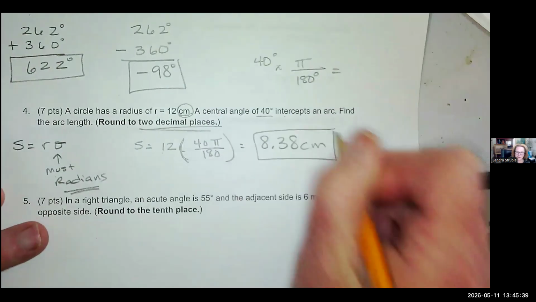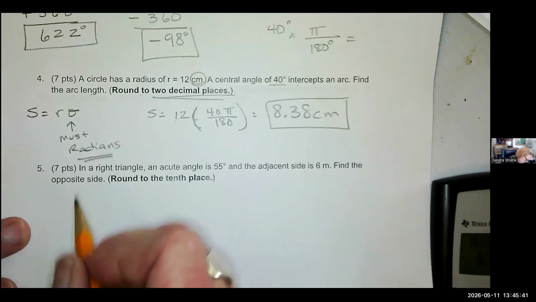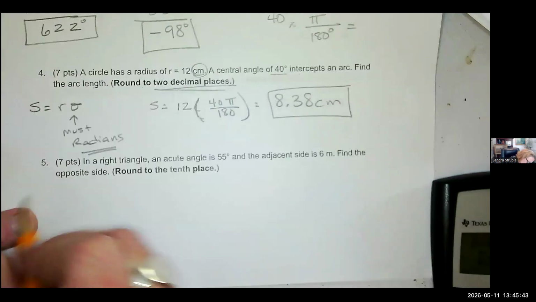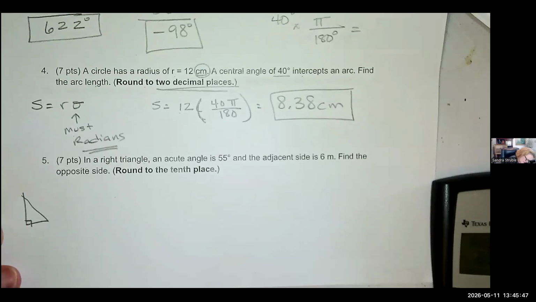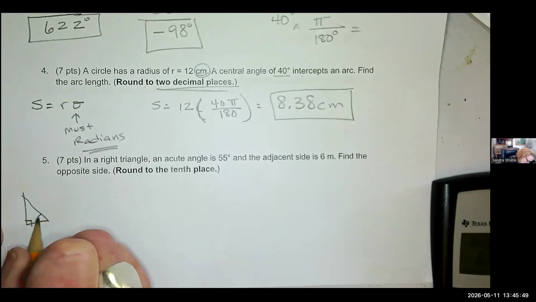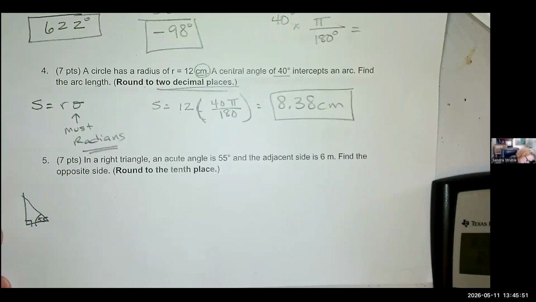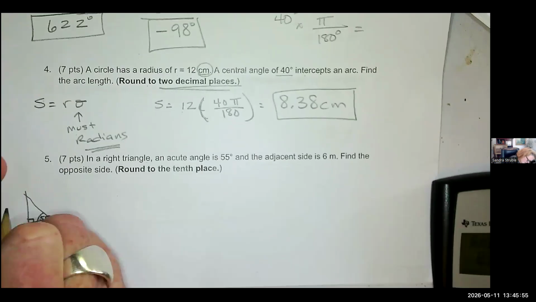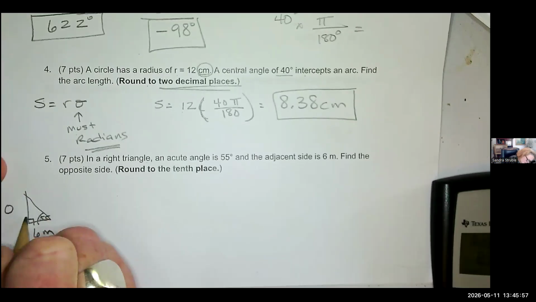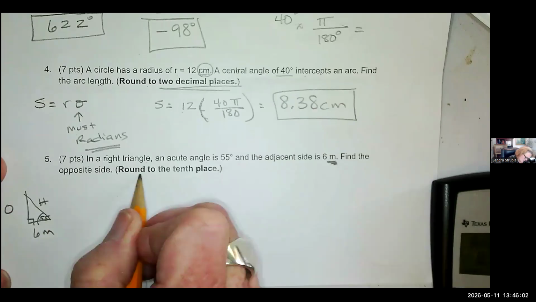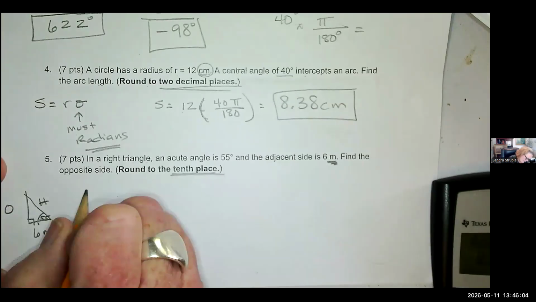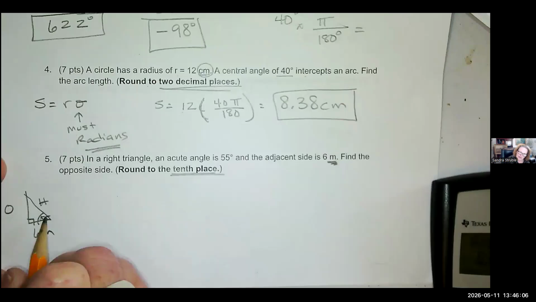All right, in a right triangle, an acute angle of 55 degrees, an adjacent side of 6 meters, find the opposite side, okay, and it's going to be in meters. We have to make sure and answer with meters, and we're going to round to the 10th place, which is 1 decimal place. Now, I need the opposite side, I have the adjacent side, so which trig functions can I use?